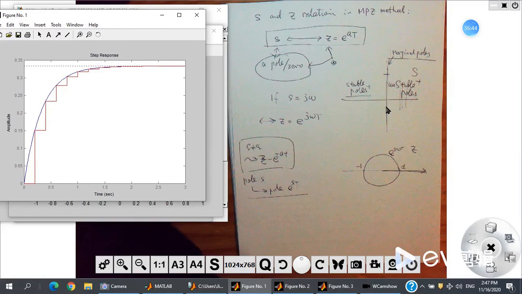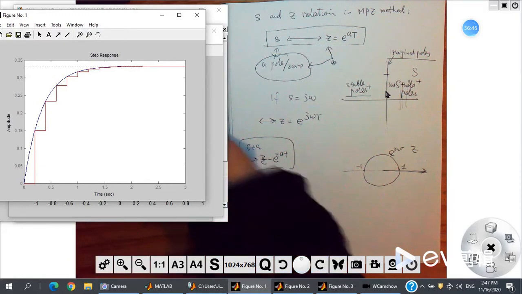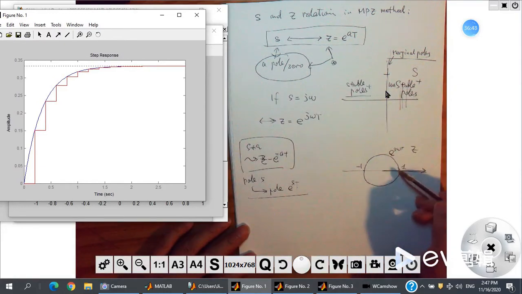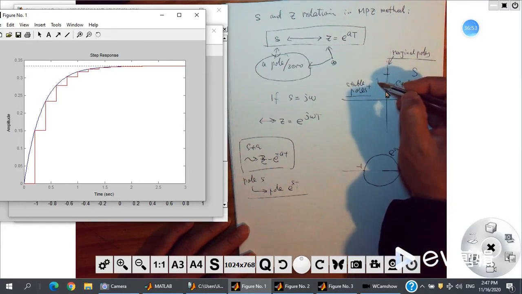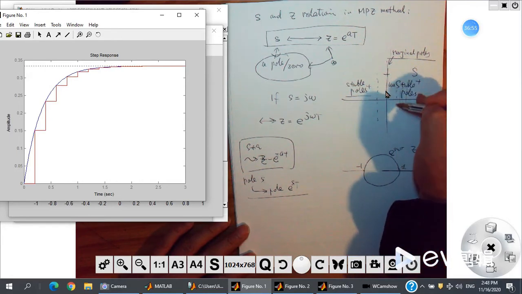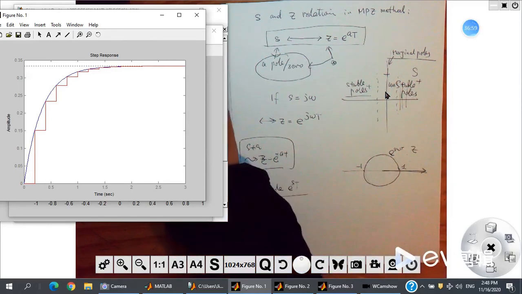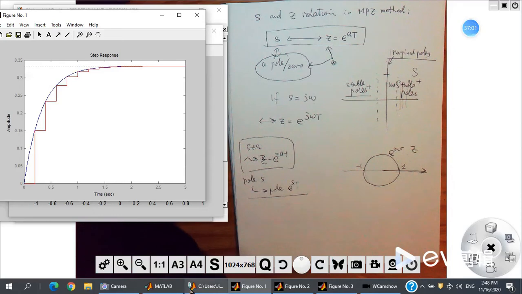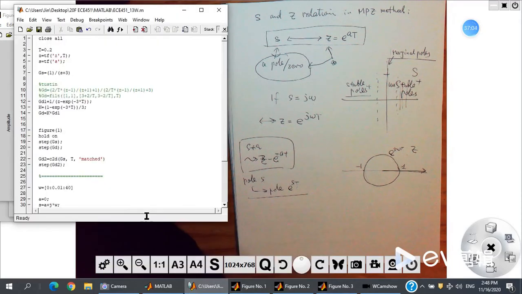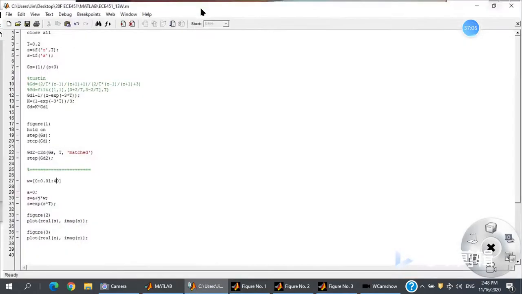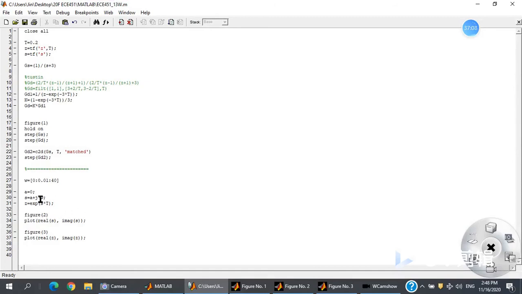Okay, so according to this line, if I choose this one and this one, where are they? So here I can give 3 lines. I calculate S and Z, but I need more S, more Z's.